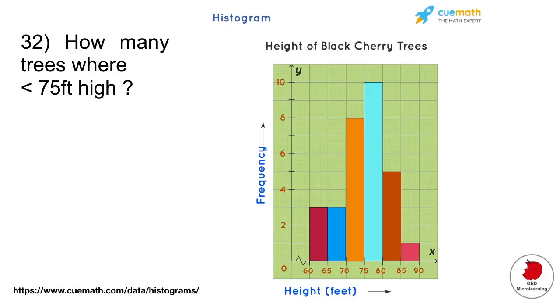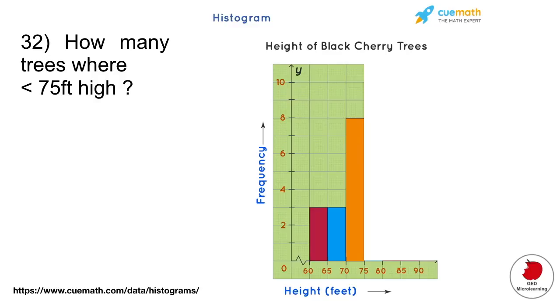All right, so if we go back to our histogram, it's telling us trees less than 75 feet high. You can basically ignore that part of the graph because you only want these 3 bars. You follow that orange bar to the top and then to the left. That gives you 8. If you do that for the blue one, 3, and for the red one, 3, you add these 3 numbers together, it gives you 14.